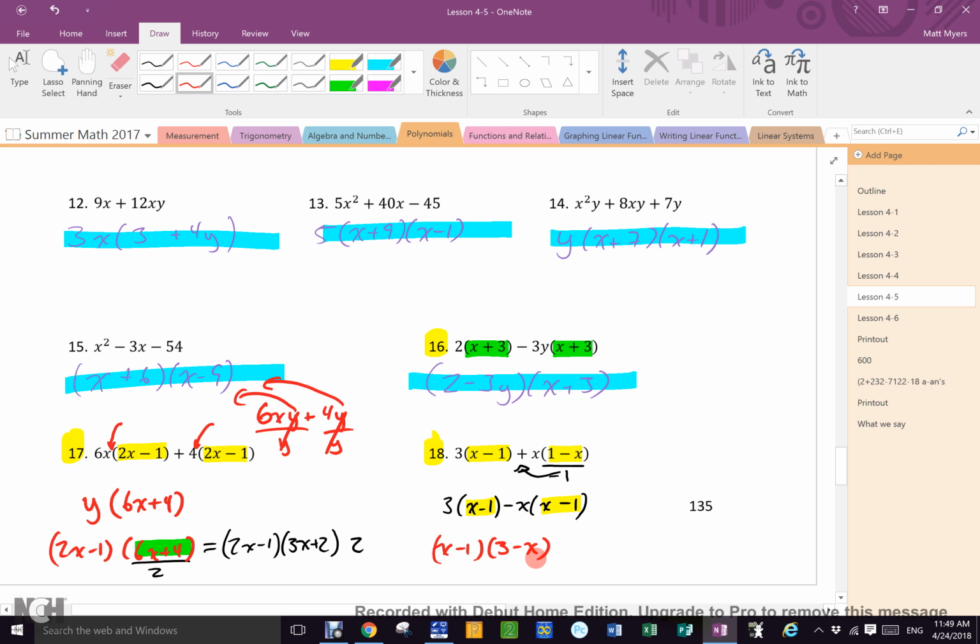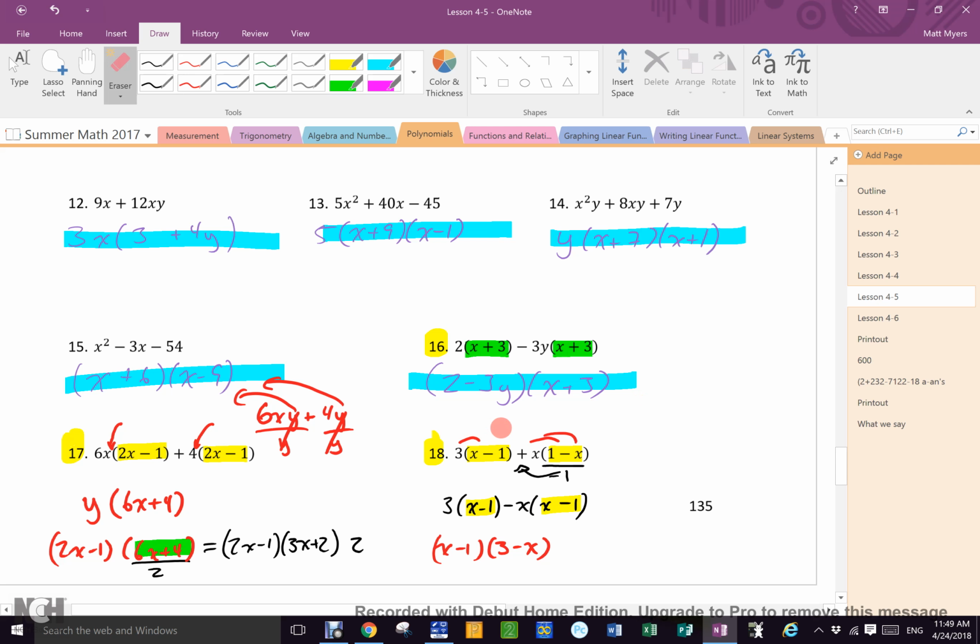Now, I have given you guys all these shortcuts because we spent so long with GCF, right? Because you are all good at GCF, that's why you're allowed to do these shortcuts. If you weren't good at GCF, we would have to expand all this, collect our like terms, and then factor the resulting polynomial. And that takes a long time.